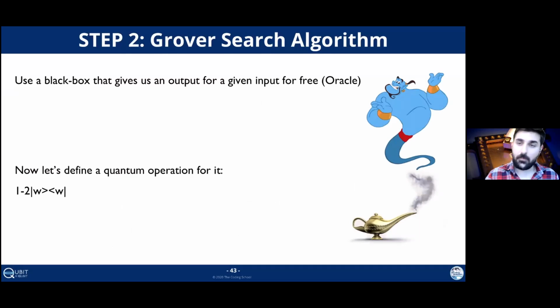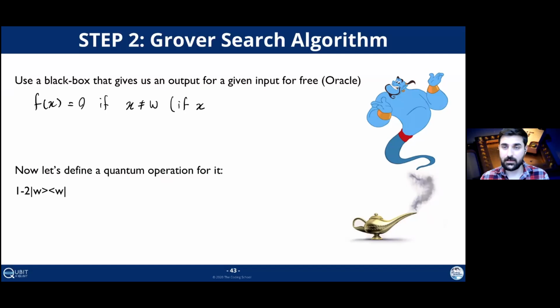Let's say we have a function, f of x, and this f of x is the oracle. It returns a 0 if x is not equal to w, or to write it in text, if x, the input state that we're checking, is not the target state.